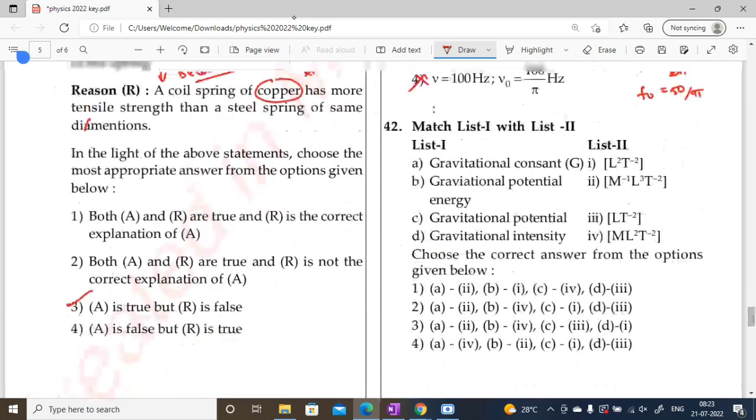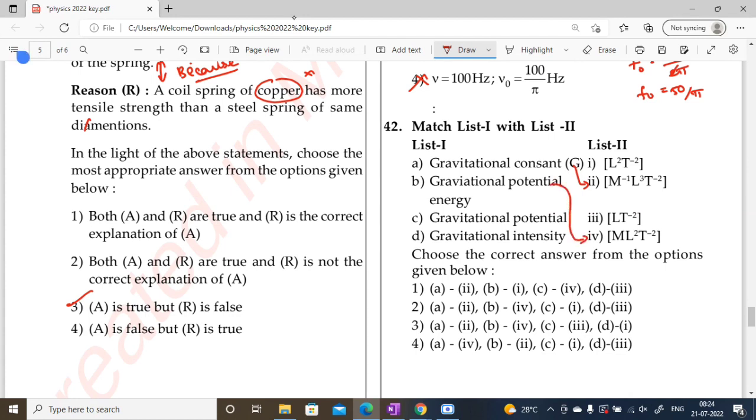And going to the next question, we have the gravitational constant. Suppose you know only, I told you what is the gravitational constant, which is derived from the universal law of gravitation. So we know that the gravitational constant has dimensions M inverse L cube T power minus 2. Gravitational potential energy, we know, is M L square T power minus 2. Everything is actually a relation.